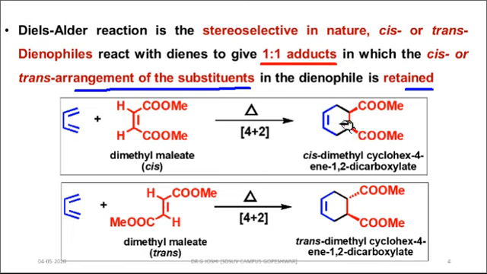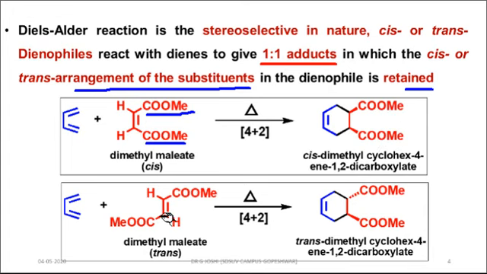In this molecule, the groups which are cis to each other on the dienophile retain their stereochemistry in the product, and they acquire cis geometry with respect to each other in the product as well.